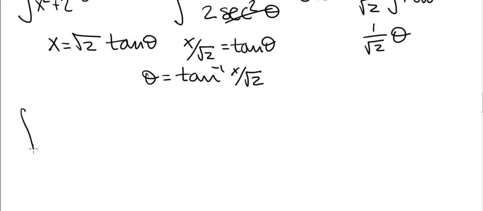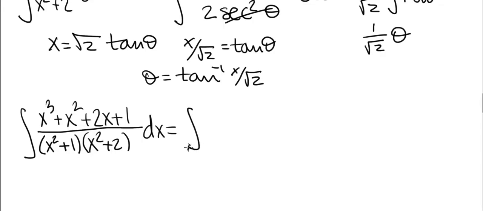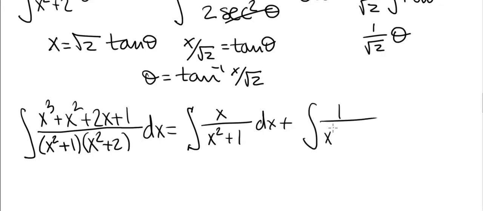Our original integral was x cubed plus x squared plus 2x plus 1 divided by the product of two irreducible quadratic polynomials, x squared plus 1 times x squared plus 2. Using partial fraction decomposition, we wrote that as the integral of x over x squared plus 1 plus 1 over x squared plus 2.